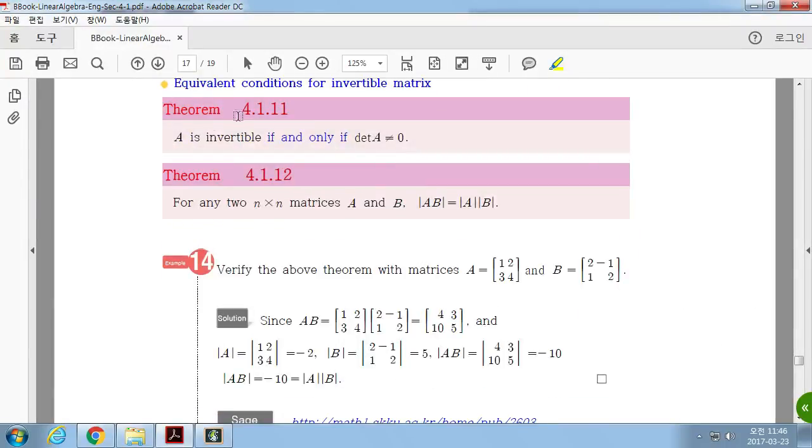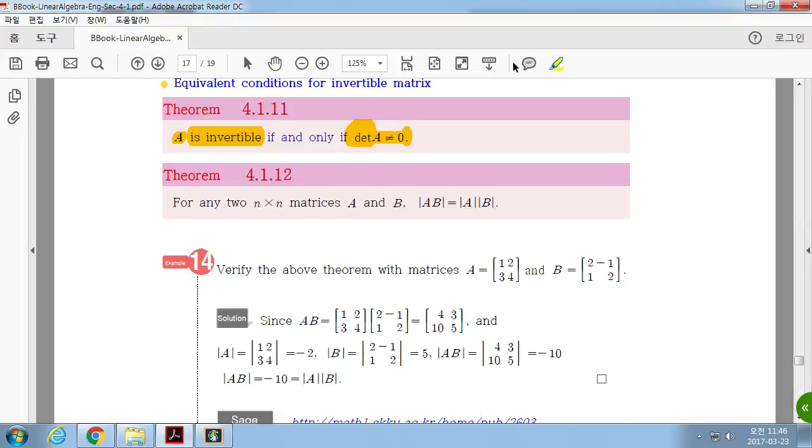Okay, here is the equivalent condition for an invertible matrix. A is invertible if and only if determinant of A is not 0. Because if determinant of A is not 0, then you have a triangular matrix whose main diagonal entries are not 0. By RREF, by these elementary operations, it can be simplified to the identity matrix.